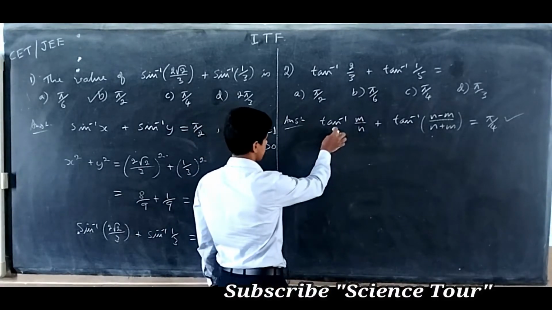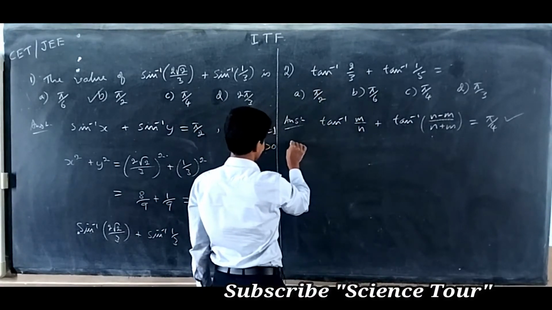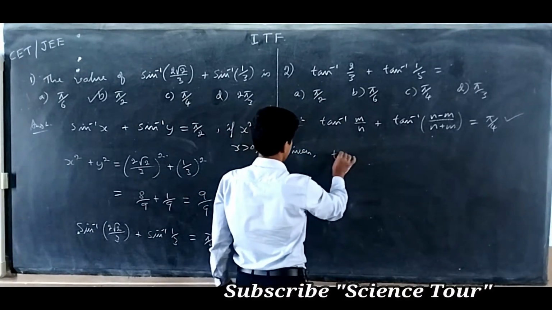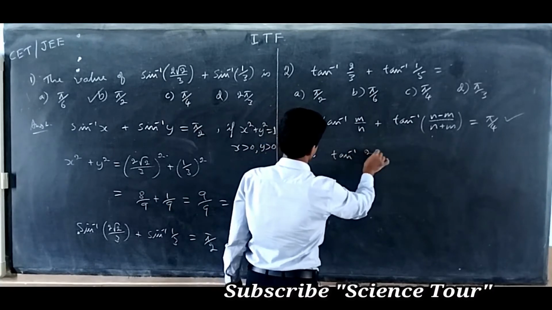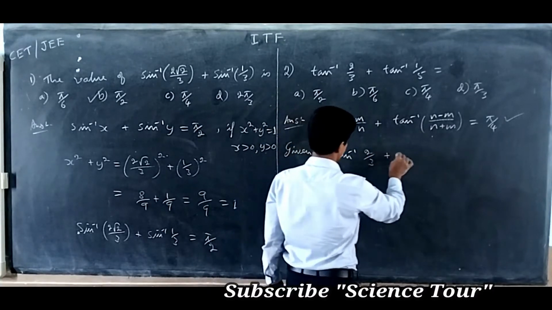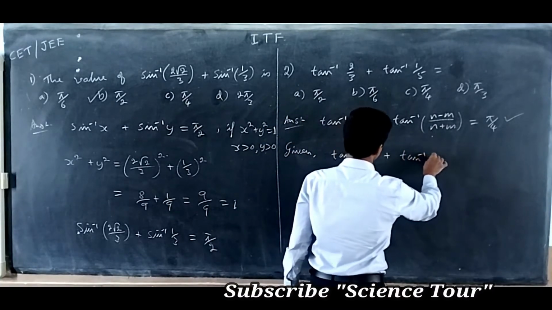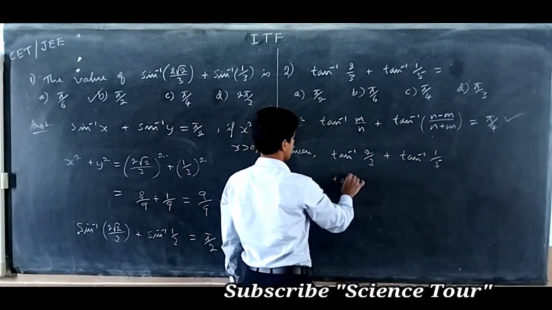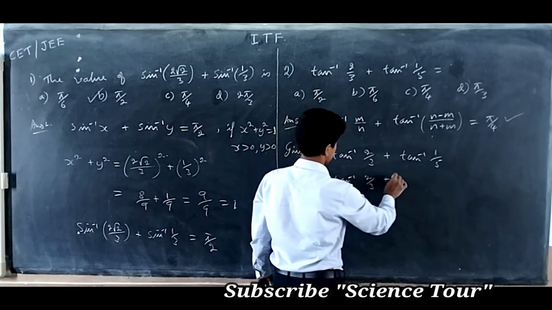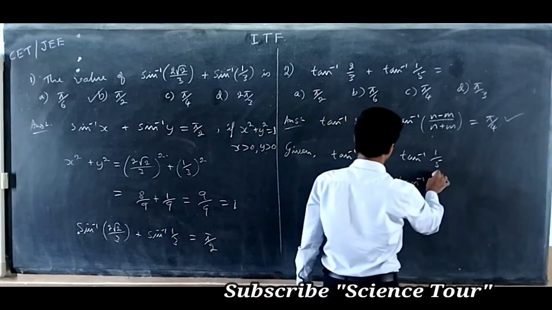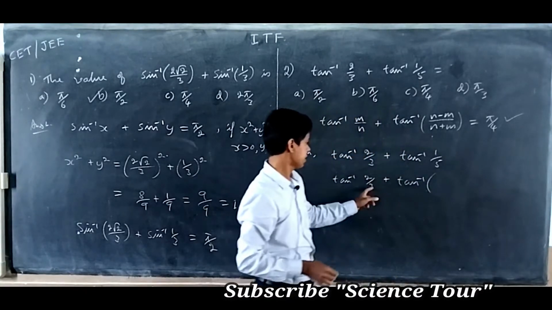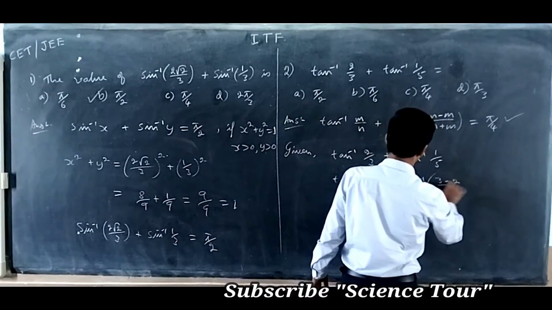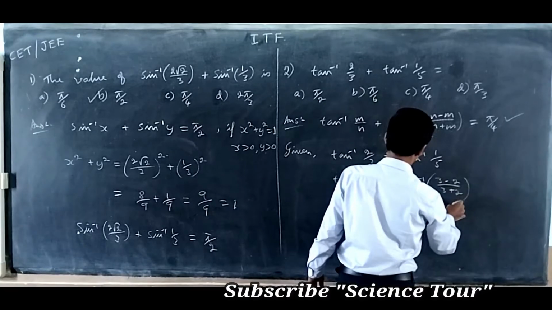Now, see what is given: tan inverse of 2 by 3 plus, see what is this? This is 1 by 5. That 1 by 5 I will write as, see, n minus m, that means 3 minus 2, divided by 3 plus 2.